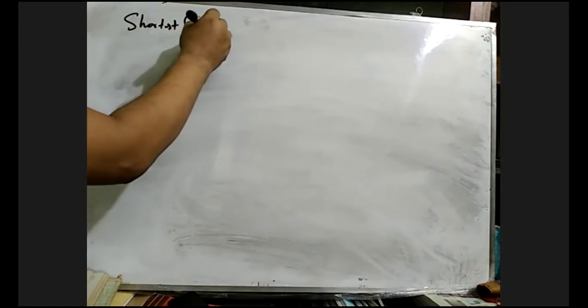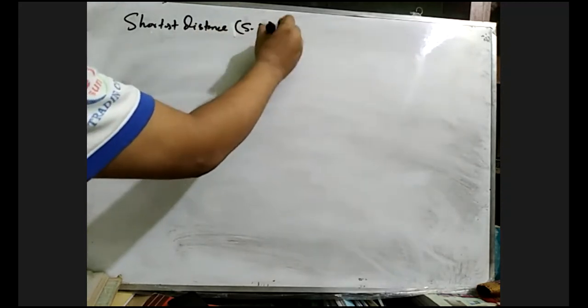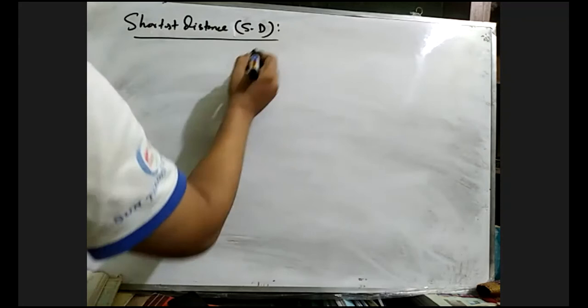Now another important part of the straight line in three-dimensional geometry is the shortest distance, or SD. What will be the shortest distance?